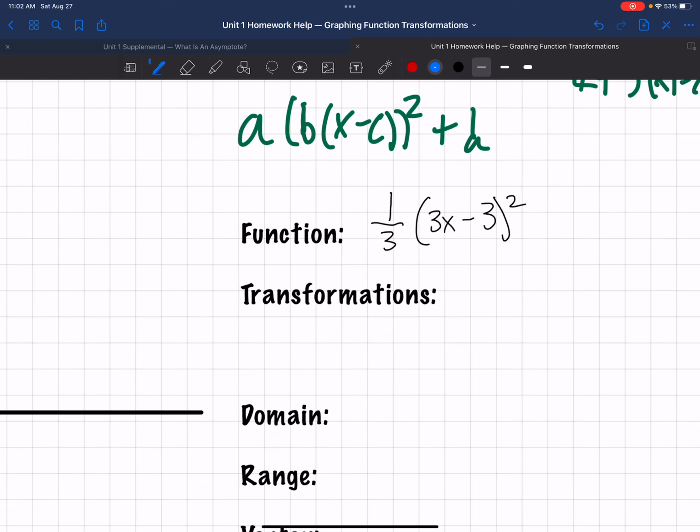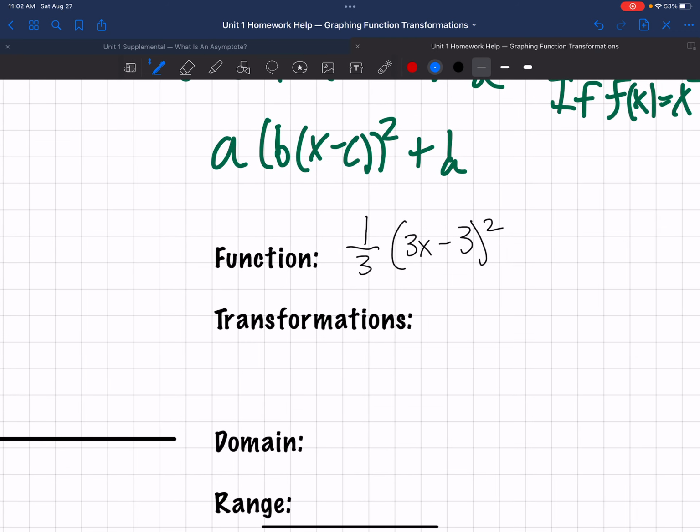What you do need to do is notice that this bad boy and this bad boy need to be interpreted as the same, and that 3, right? This b value and that 3, you gotta factor it out, okay? So let's do that.